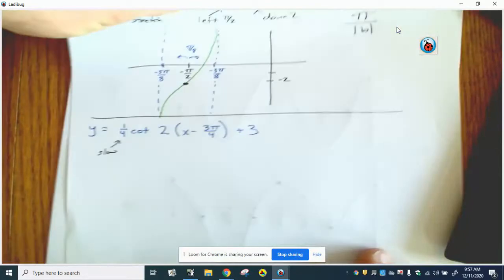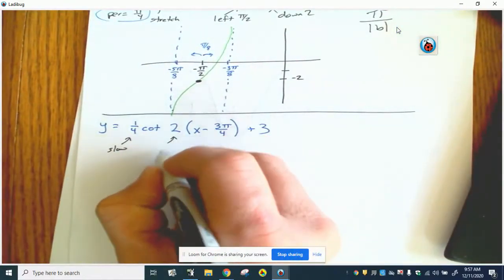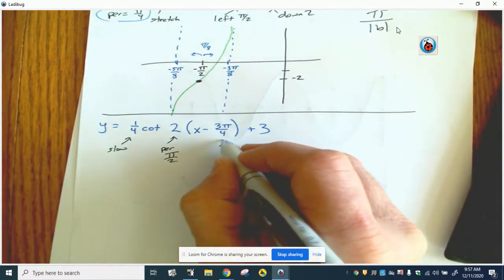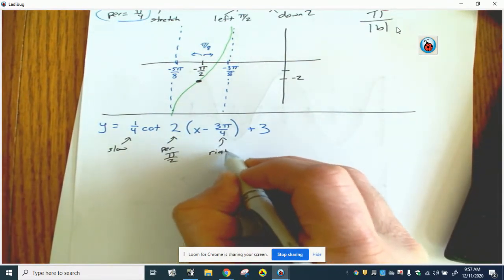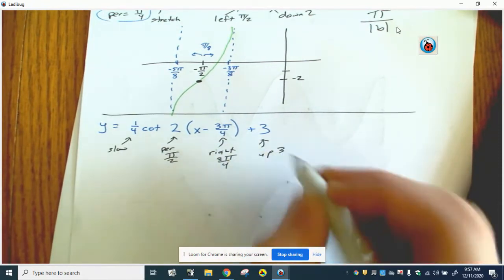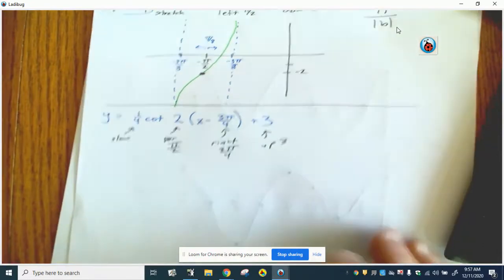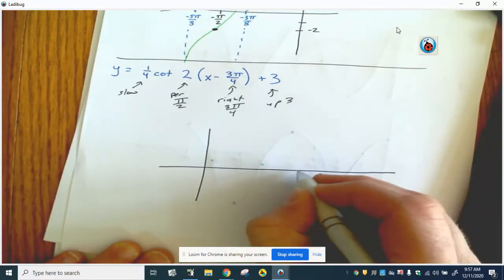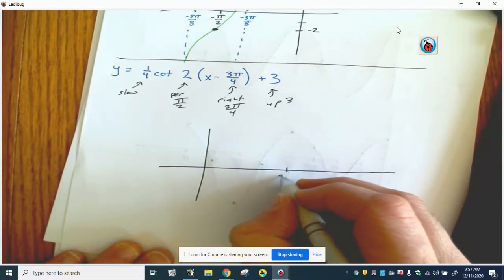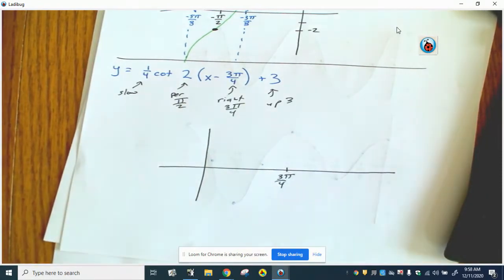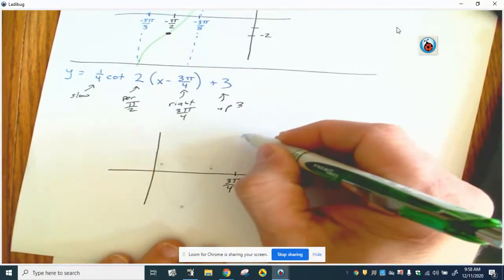Okay. Again, my period would be 1 pi over 2 now. I'm moving right 3 pi over 4 and up 3. So I would go right to 3 pi over 4. Now, remember, cotangent is more like the other graphs where I'm starting at the beginning.